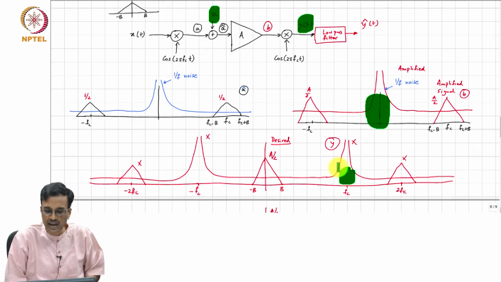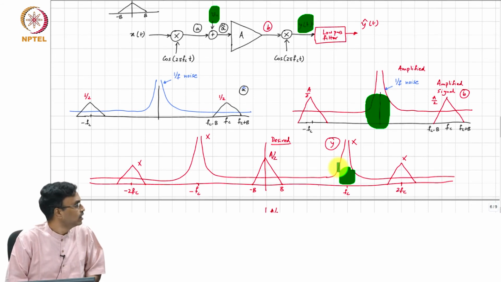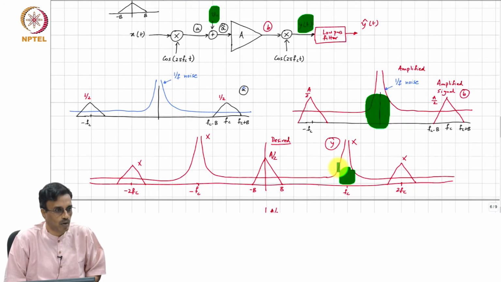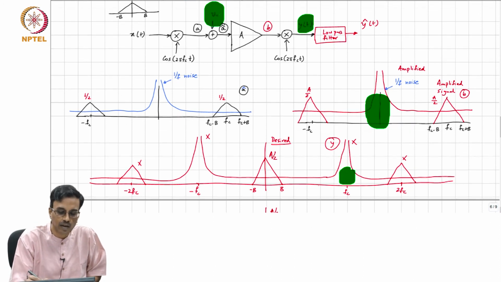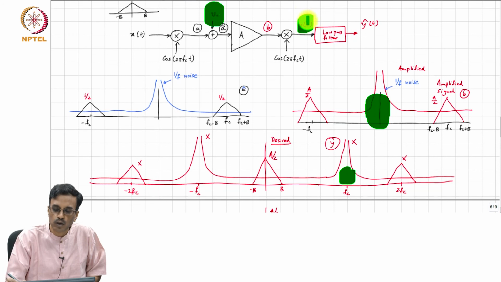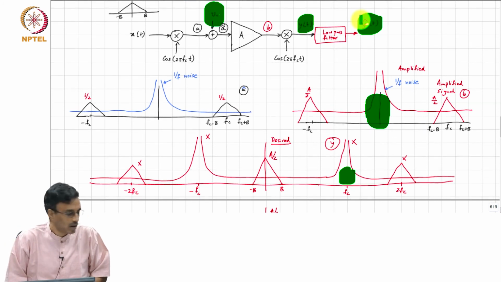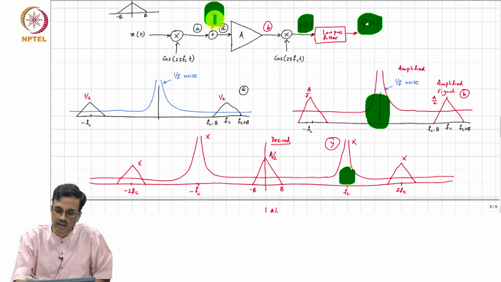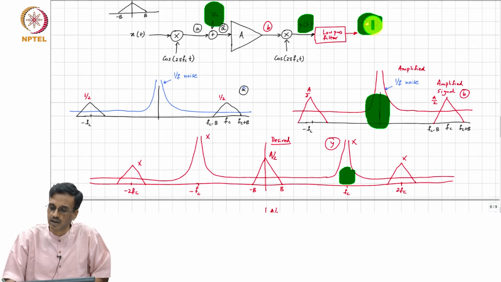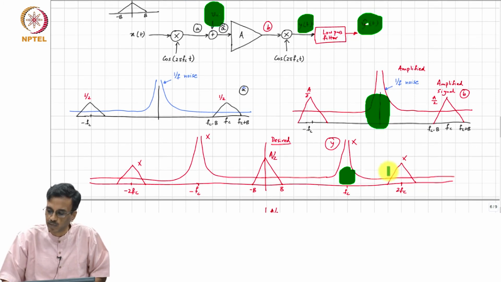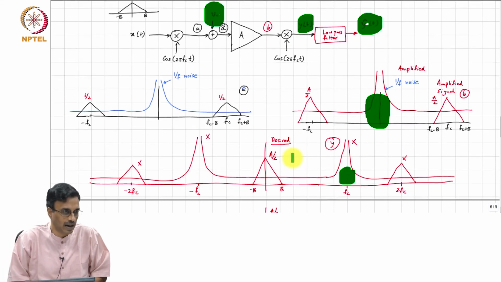So we should expect that H0 from Vn to the output is actually 0, because if there is DC here, Vn to y of t is 0, and therefore Vn to y hat of t is also 0. We should expect the transfer function from Vn to y hat to be 0, because y hat is basically removing everything at fc.